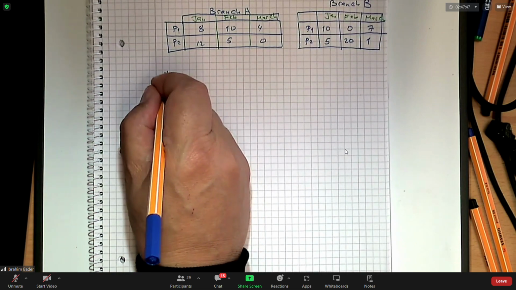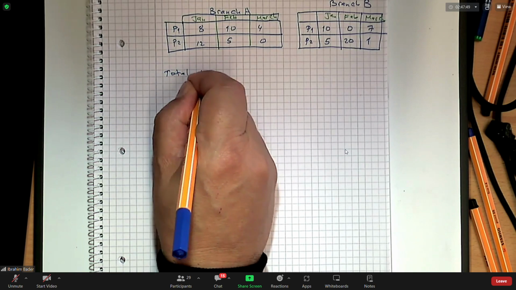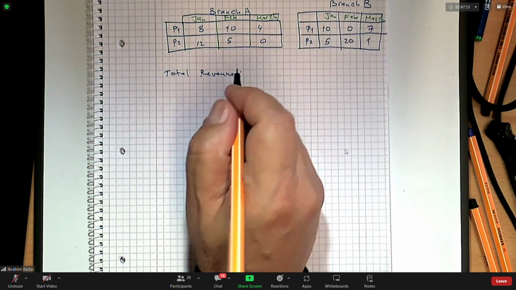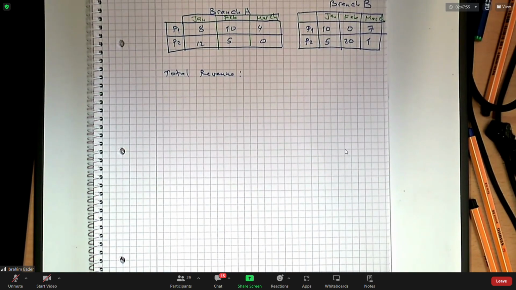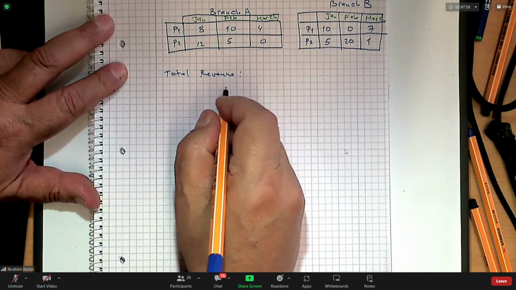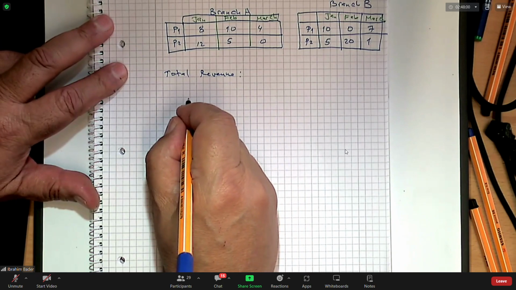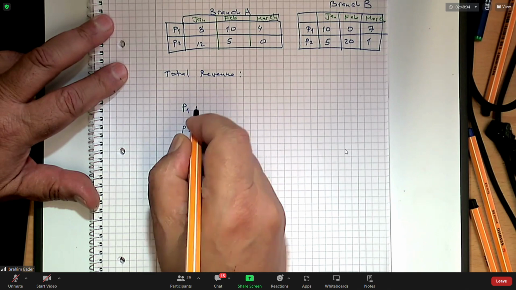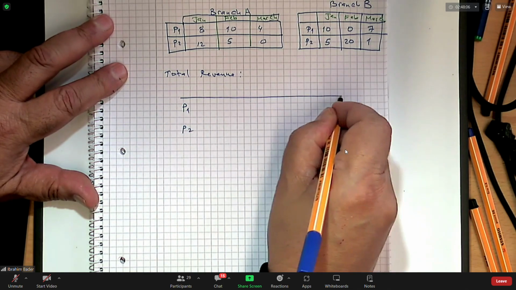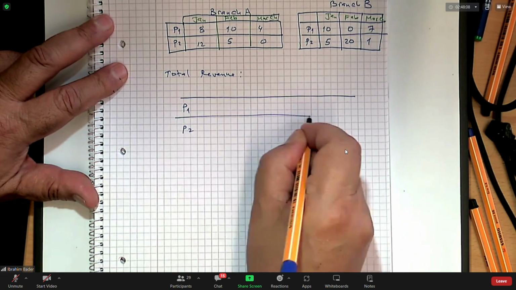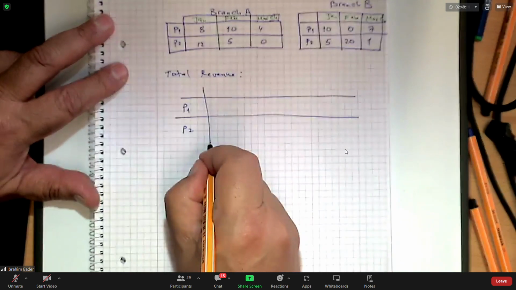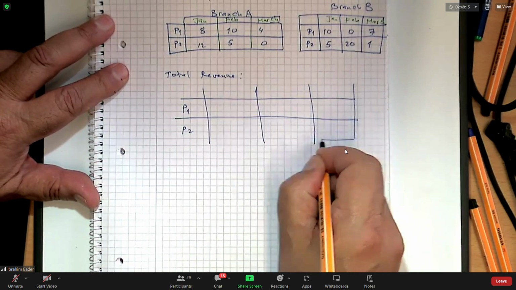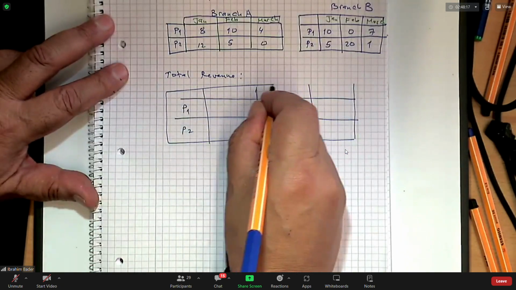So to calculate the total revenue of the 2 branches, what do we do? We will have here the 2 products, P1, P2, and then we just add up all these together.